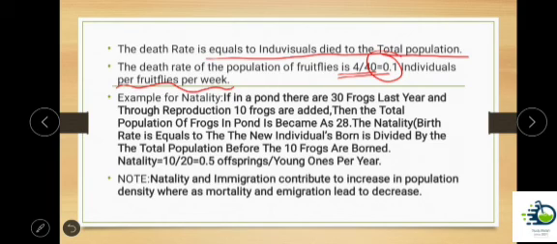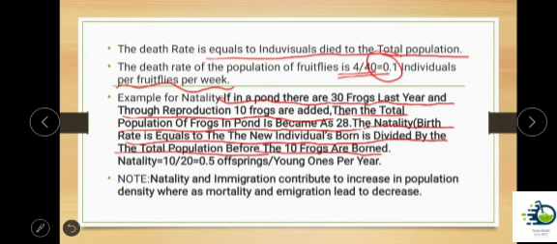And we take another example for natality. If in a pond there are 20 frogs last year, and through reproduction 10 frogs are added, then the total population of frogs in the pond becomes 30. The natality, the birth rate, is equal to the new individuals born divided by the total population before the 10 frogs were born.